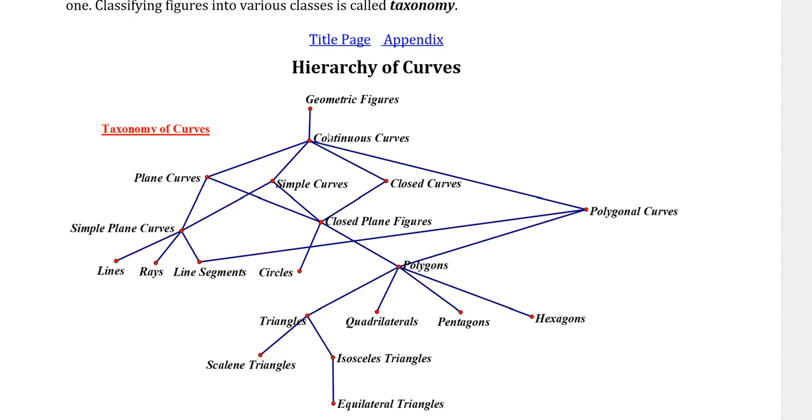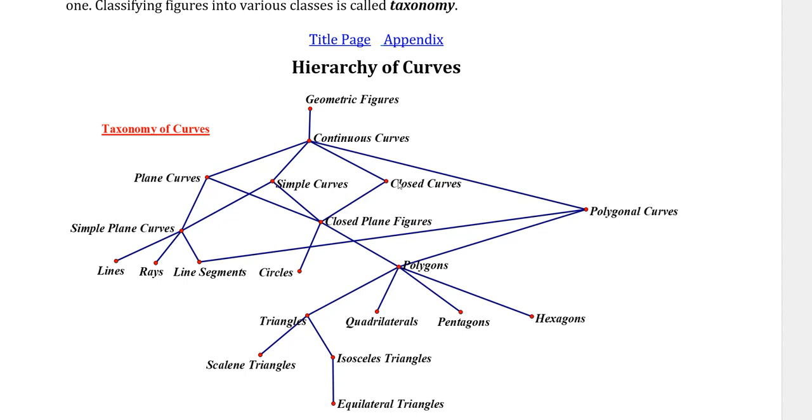So we have this sort of hierarchy here. We have geometric figures, continuous curves, plane curves, simple plane curves here. That includes things like lines, rays, line segments. We have polygonal curves, and we have closed curves.